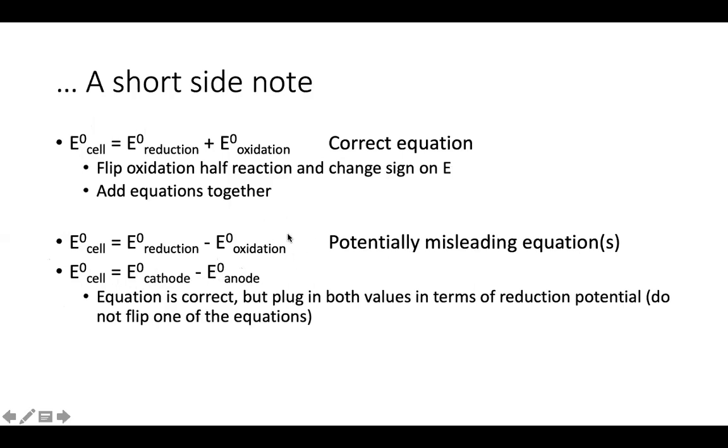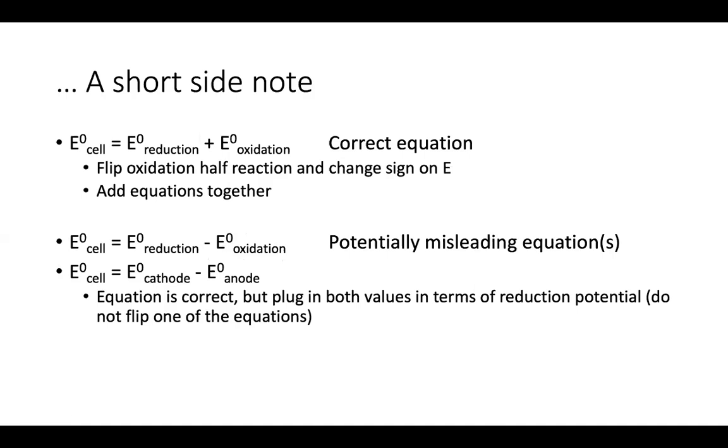Now I find this to be kind of misleading, because again, it looks the same as above, but it's not. The reason is, if you use these bottom equations, you will still get the right answer. But when you plug in these values, you're plugging them both in terms of their reduction potential. So for this E naught oxidation, you are not flipping that half reaction.